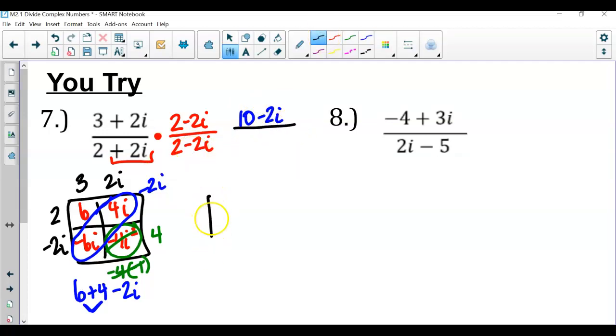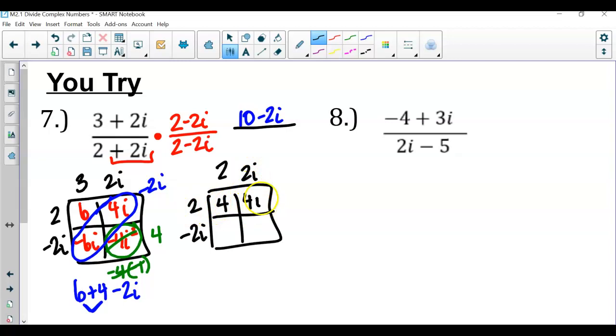Now let's get the value that's going to be in the denominator. 2 times positive 2i and 2 and -2i. So again, 2 times 2 is 4. 2 times 2i, 4i. 2 times negative 2i, negative 4i. 2i times negative 2, negative 4i squared.